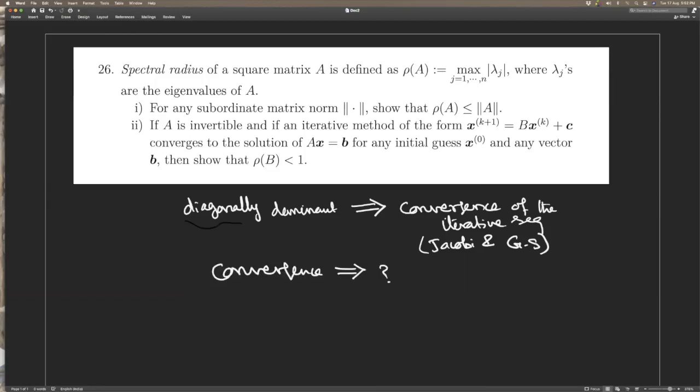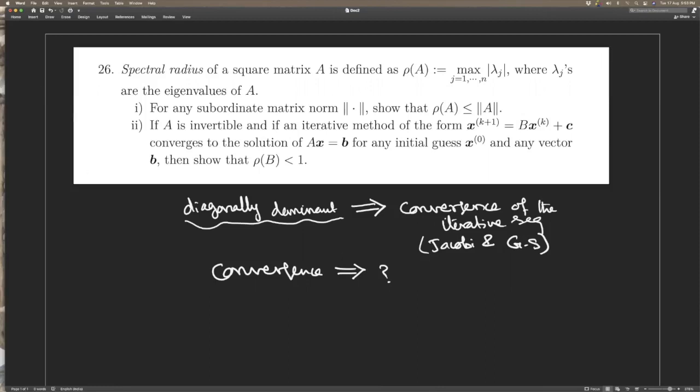The diagonally dominant condition is not strong enough to give the converse. In fact, you can find examples of non-diagonally dominant matrices for which either Jacobi or Gauss-Seidel iterations may still converge.